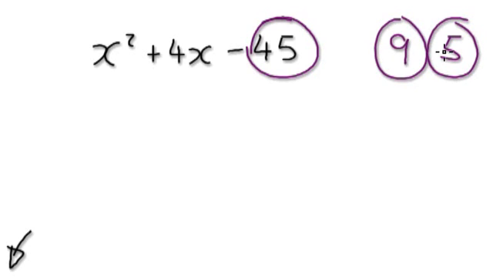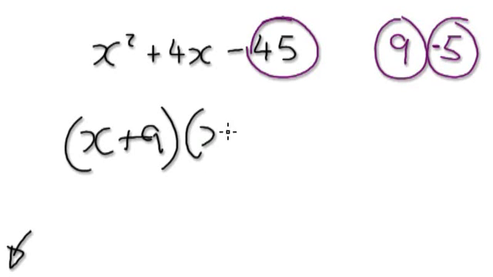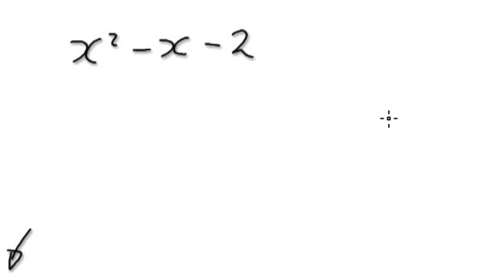Yes. 9 take away 5 would give me a 4. So the solution here would be x plus 9 and then x minus 5. Okay, so this here is your answer. Okay, next one. Press pause and have a go.